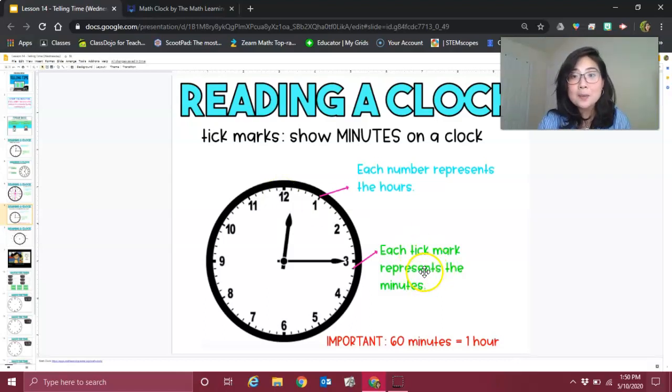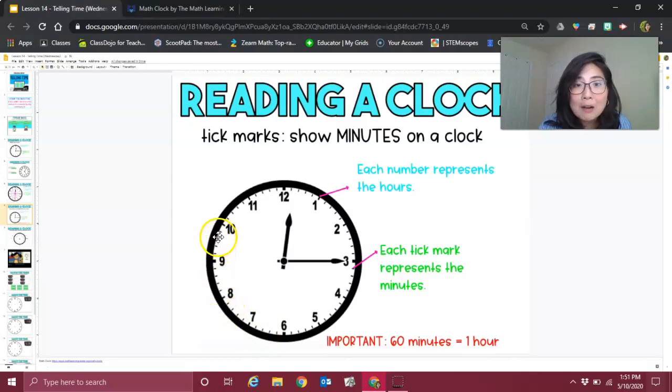Now the tick mark represents the minutes. So when I say tick marks, I'm talking about these things right here that are kind of like small dashes. And I'm slowly going around and pointing at them. But yeah, those little tick marks, those little lines that are around the analog clock, they represent the minutes.